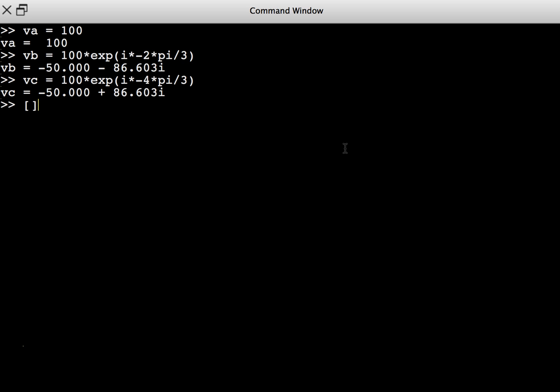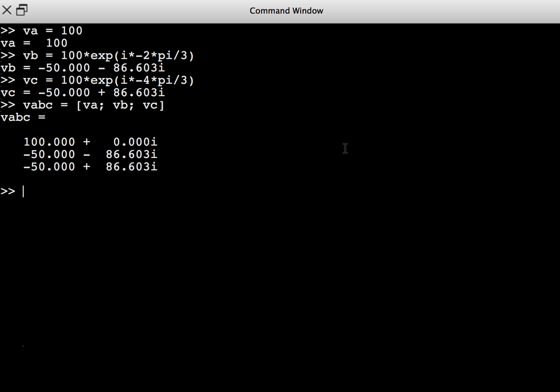Now once I have this, I will define VABC as a matrix. So VA, VB, VC. This is my three voltages expressed in rectangular form. Now my Z is nothing but 2 plus I into 7.